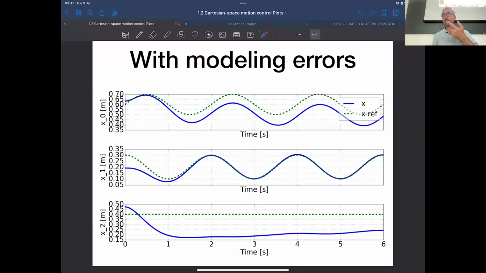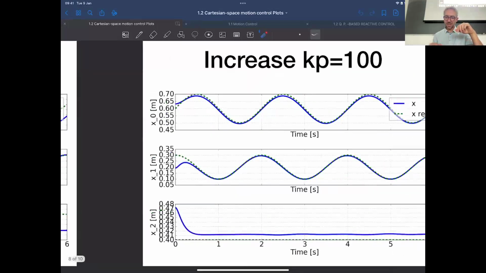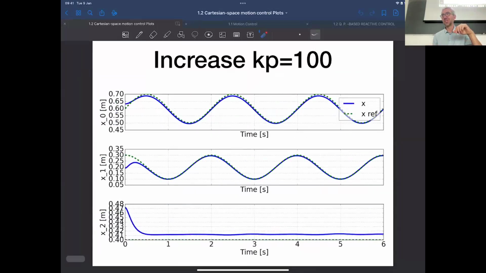Yeah, you could add an integral term in the feedback. That could be an idea. I don't think I did that. I think I simply increased the gain again, which is a bit more brute force. But as long as you can increase the gain without leading to vibrations or unstable behavior, it's a viable option.